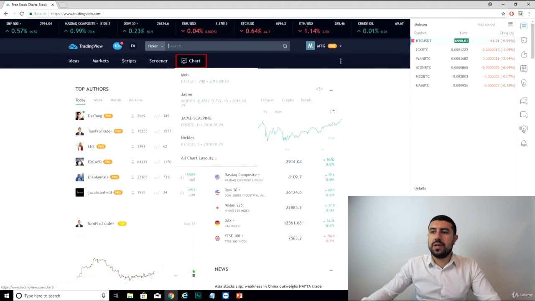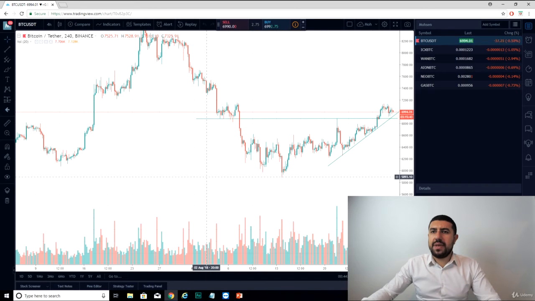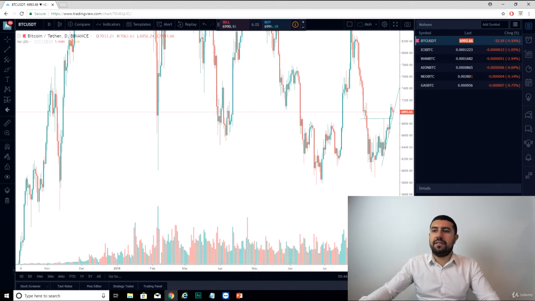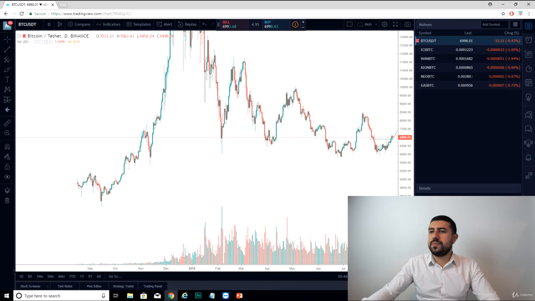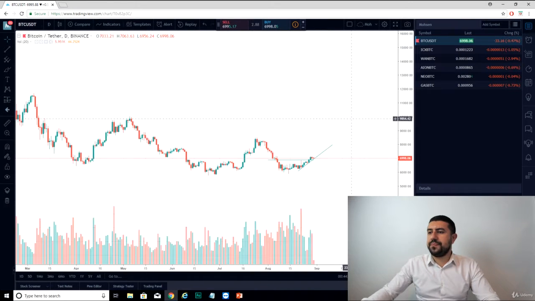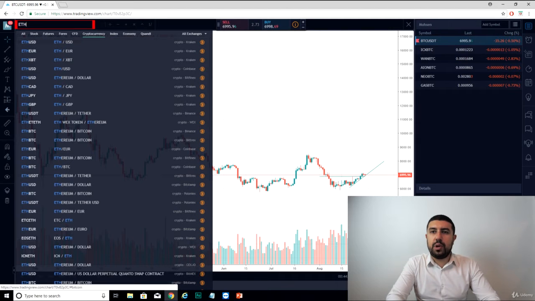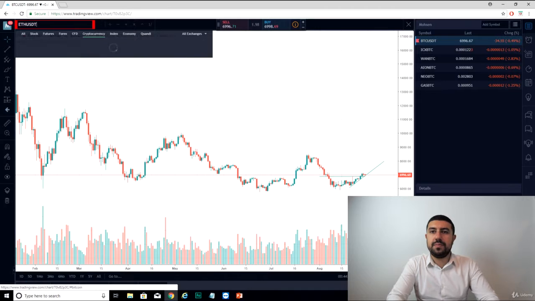So you go on charts. We have a few accounts here, but for mine, it loads your layout. And basically, you have your charts. How TradingView works is you put in the name of the symbol you want. Let's say I want to look at the price of Ethereum. So ETH, I want to look at Ethereum based on USDT.